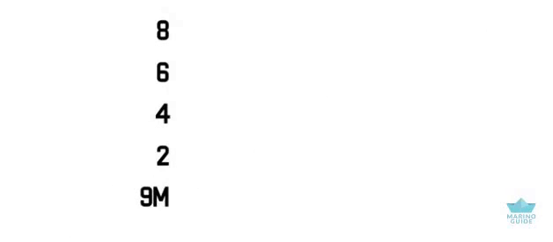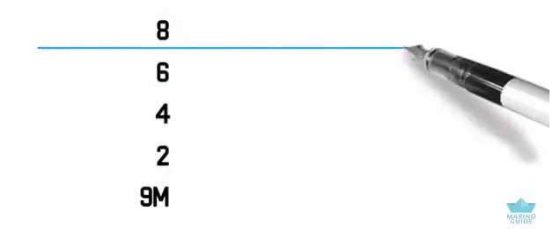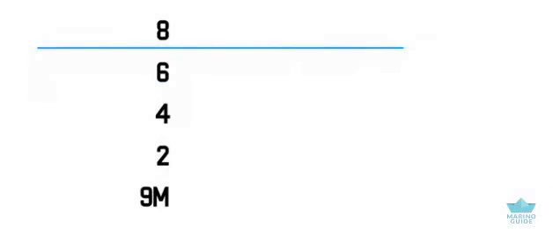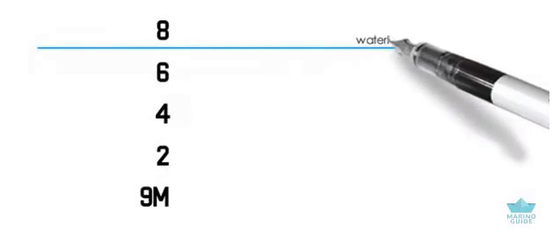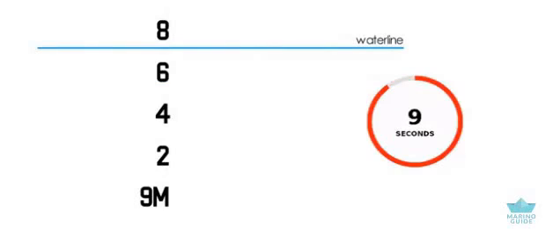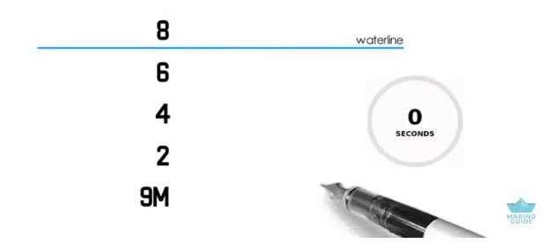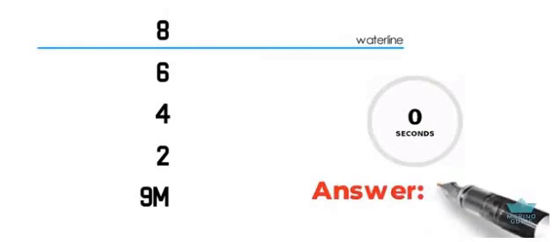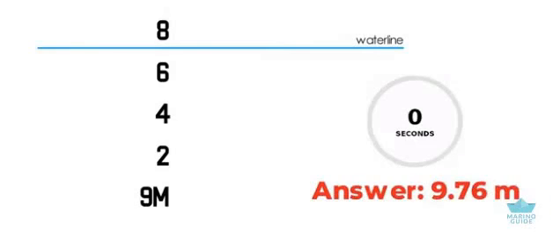Let's say that the water line is in this point. What is the draft reading? The answer is 9.76 meters.